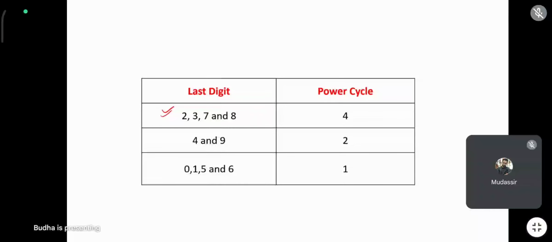Sir, one 2 minutes. Yes, no problem. Draw the table as it is, okay?